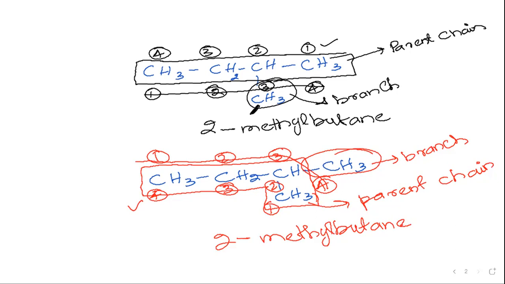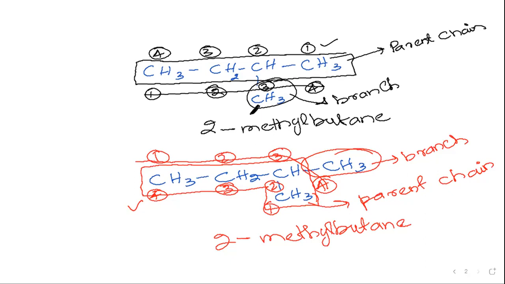That's the best part about naming organic compounds: it is designed in such a way that if you perceive the longest straight carbon chain slightly differently, you will still end up with the same name as your friend, who followed the same set of rules but perceived the straight longest chain in a slightly different way. Both of you would be correct and both of you would end up with the same name. That's the beauty of it.